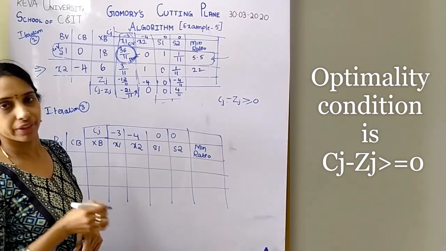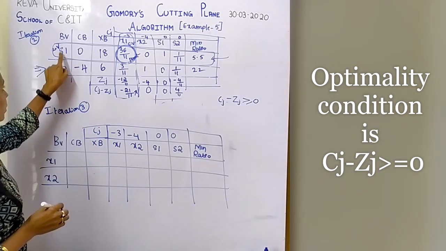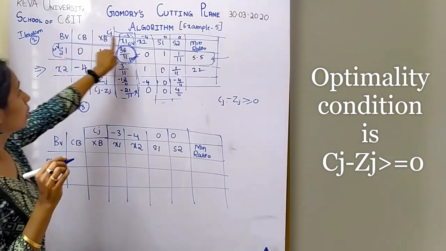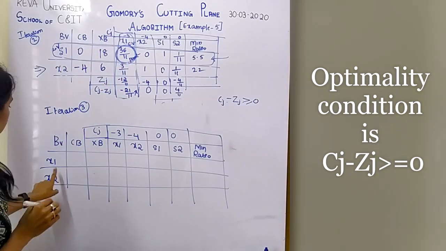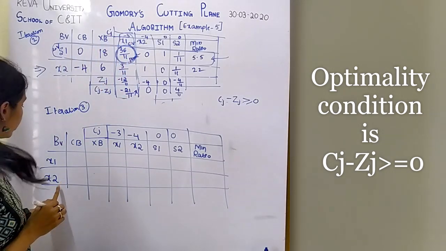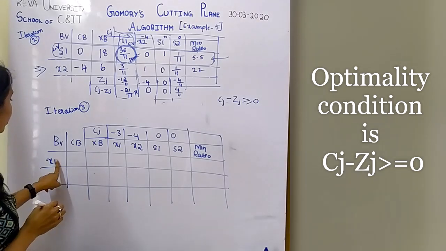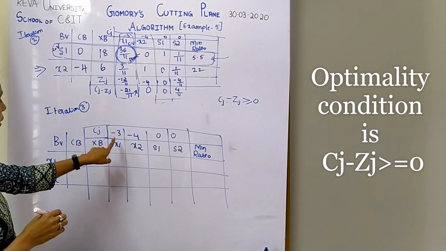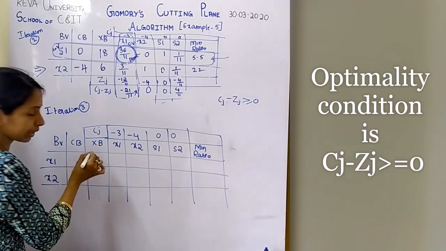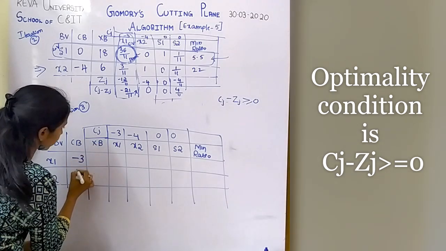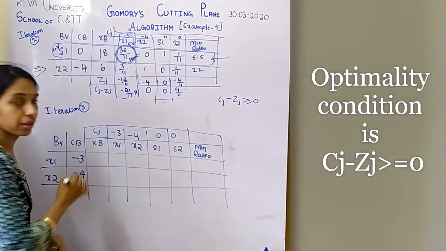What we have to do: S1 is leaving now, and X1 is entering. So I have written X1 here, and this is X2 here. What is the coefficient of X1?